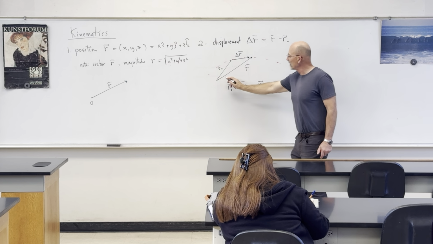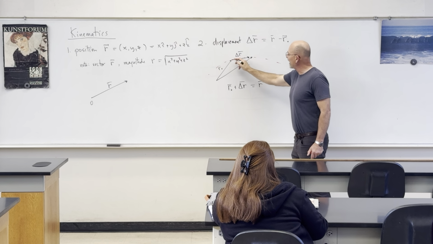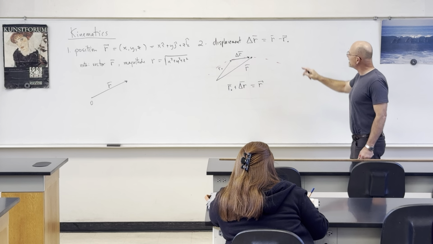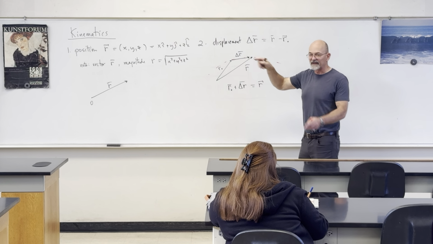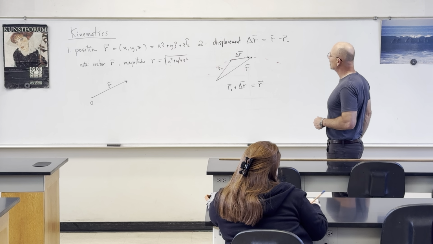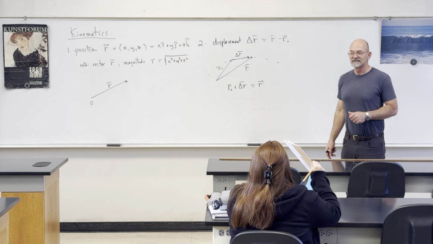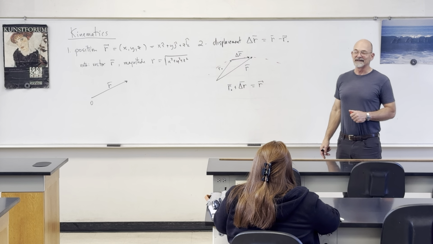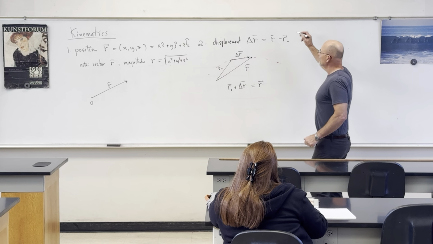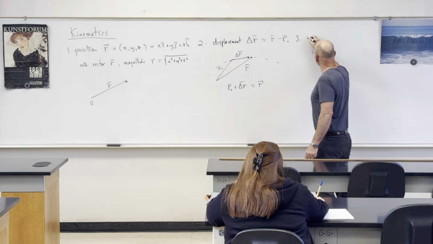And that, of course, is identical to the definition up there. I start here, actually, I start here at R0, and then I add the delta R. And then I'm at my final position. So yeah, when you have a difference vector, it always points to the final one. So there's your displacement. Yeah, what comes after displacement in this progression? Velocity, yeah. No surprises here. So you have position, displacement, then you have velocity.